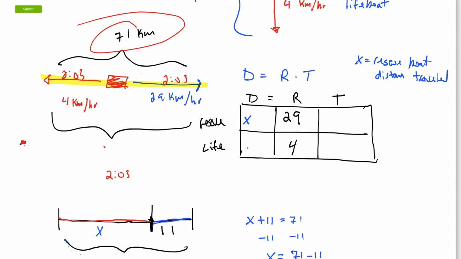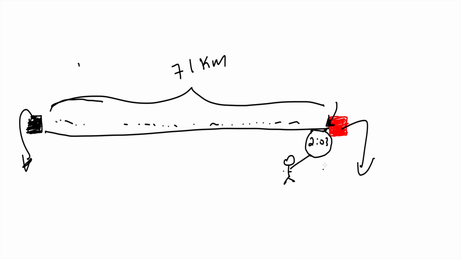Okay, so it's going to be 71 minus x. And the cool thing about this problem is that this is actually the same as this. Do you get that? Because that's this guy's time. They traveled the same amount of time. One is going faster than the other, but they're traveling the same amount of time. Do you get that? Okay.